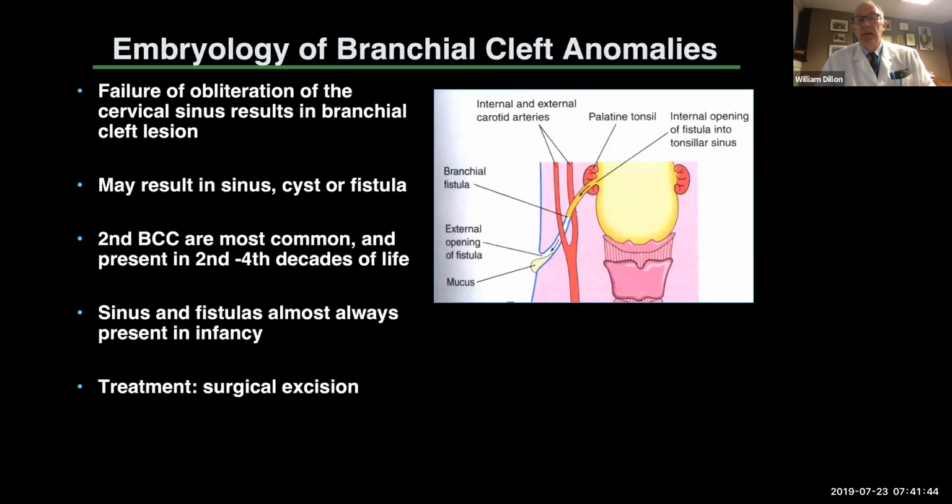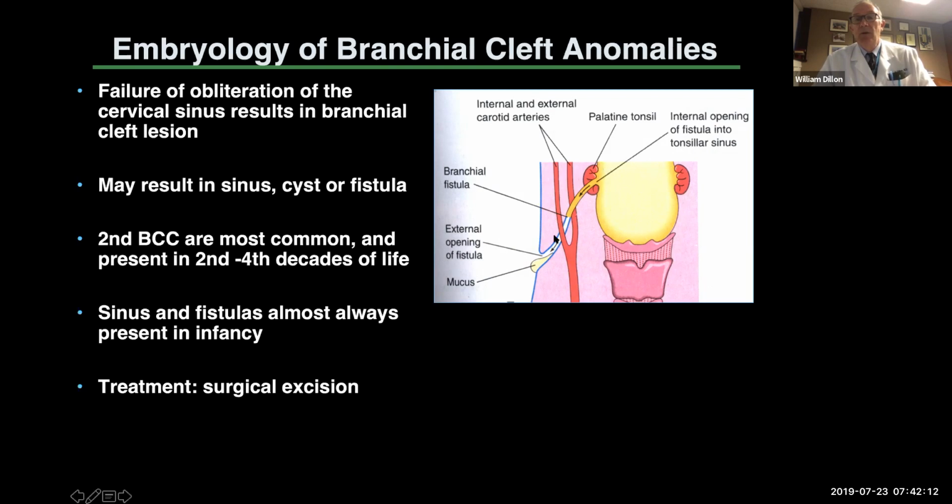So here's a little cartoon showing you how the tonsil, which is shown here, the palatine tonsil, is the source of the upper part of the branchial cleft anomaly. Here is a little fistula that is coursing down through the carotid bifurcation out towards the skin surface, usually anteriorly near the sternocleidomastoid muscle.